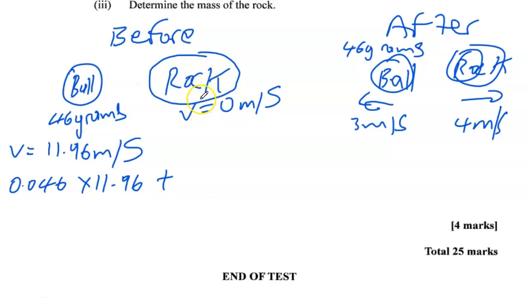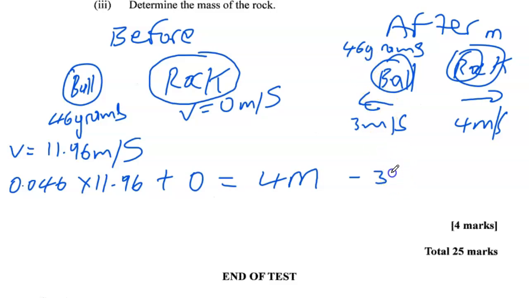We don't know the mass, but we know the velocity is 0, so that will come to 0. After the collision, the momentum for the rock is mv. We don't know the mass, let's call it m. So mass times velocity, m times 4, that's 4m. And for the ball, the velocity is going to the left, so we use -3.